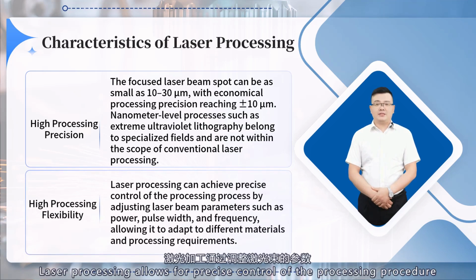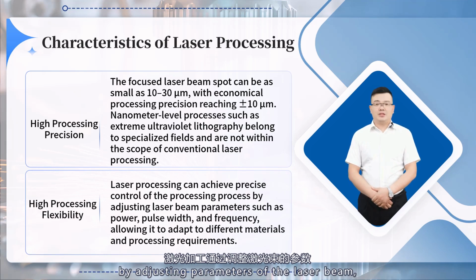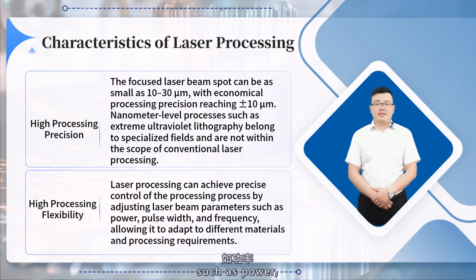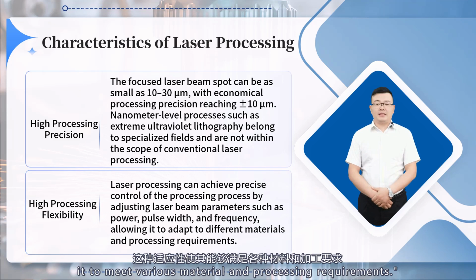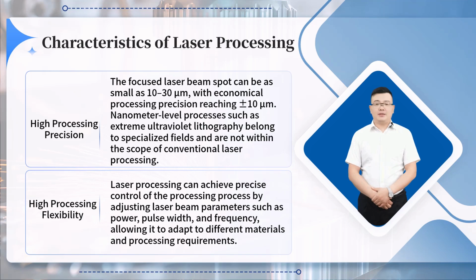Great processing flexibility. Laser processing allows for precise control of the processing procedure by adjusting parameters of the laser beam, such as power, pulse width, and frequency. This adaptability enables it to meet various material and processing requirements.